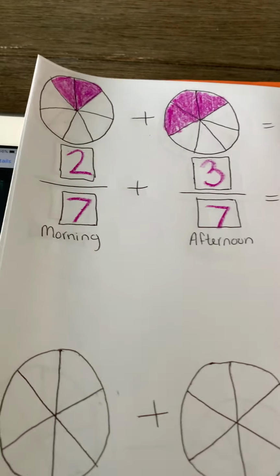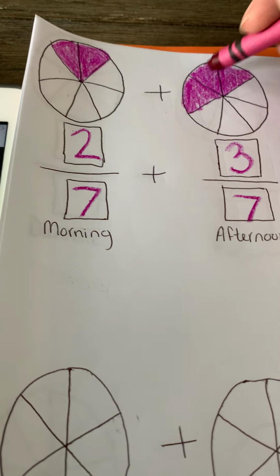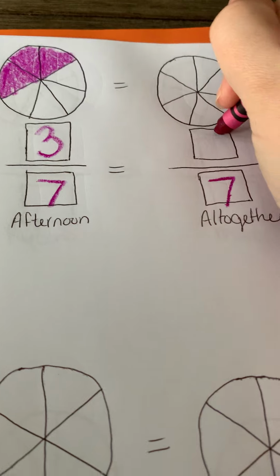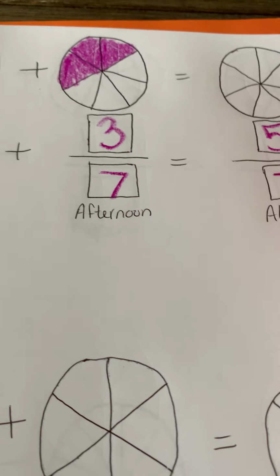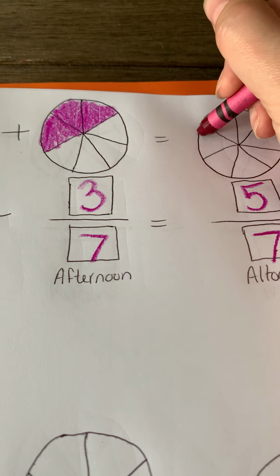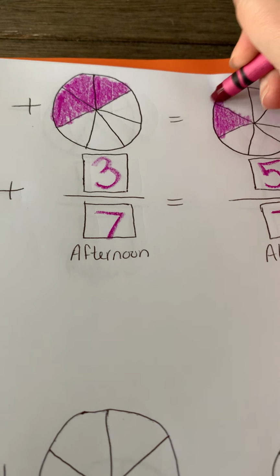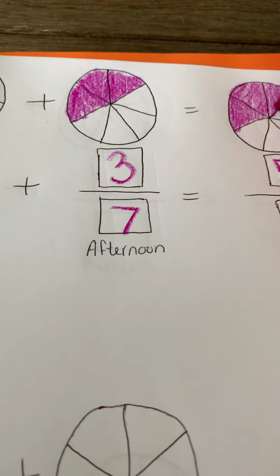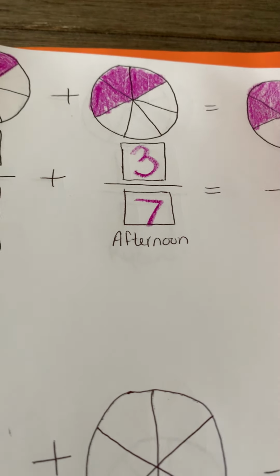And now we have to count the ones that we colored. Okay, 1, 2, 3, 4, 5. So we're going to write a 5 in the top box because that's how many they passed out all together. And we're going to color in 5. 1, 2, 3, 4, 5.